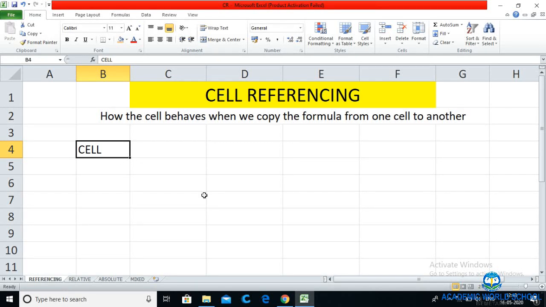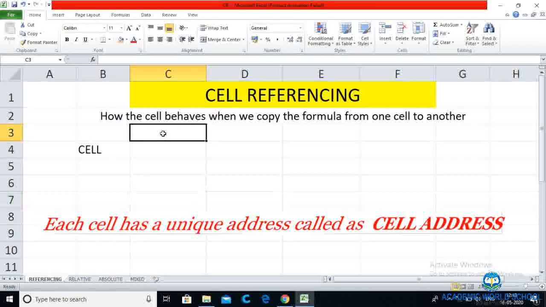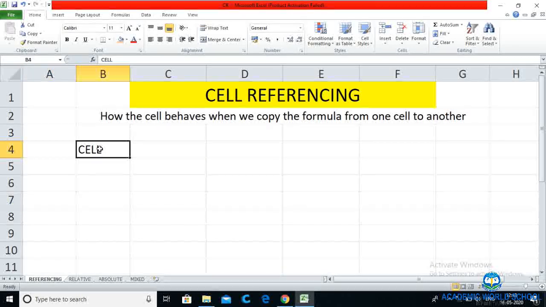If I select a particular cell, for example this one, you will see over here in the name box it is showing B4. While moving my cursor, just pay attention: in this name box you will find that each cell has its unique cell address, and wherever I click, that cell gets highlighted.